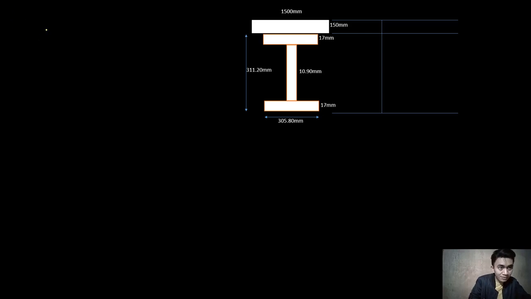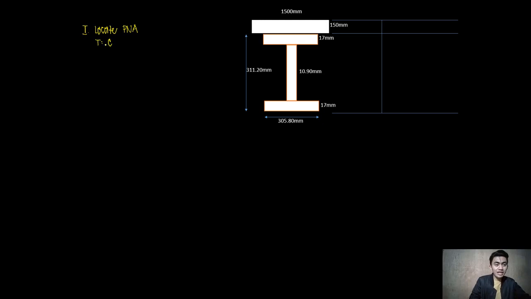So let me write here: the first step is to locate the plastic neutral axis. How are you going to do that? We are going to equate tension equal to compression.